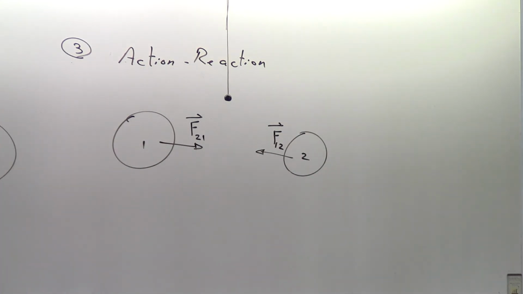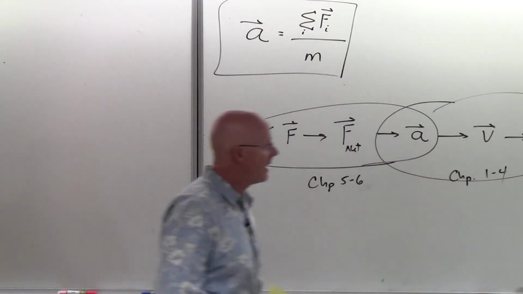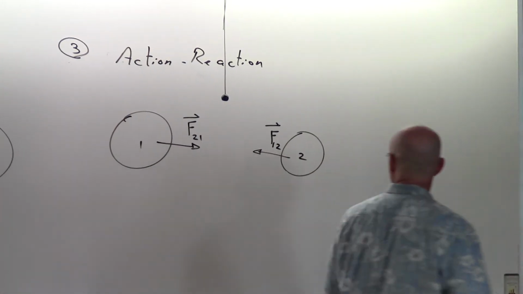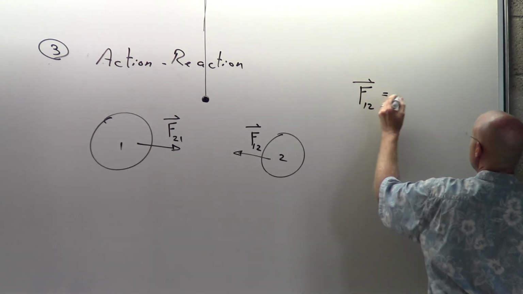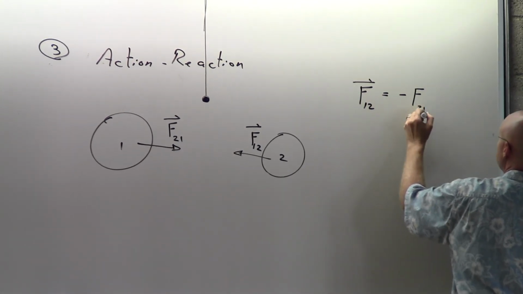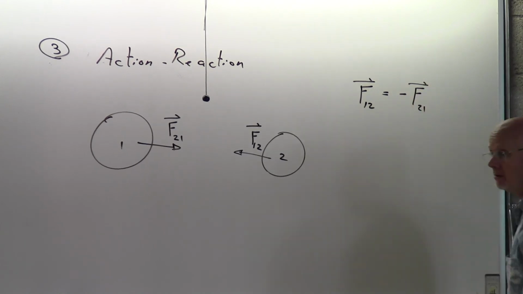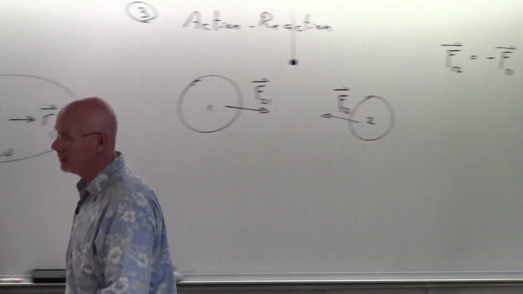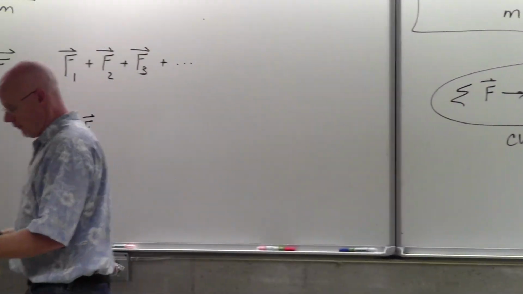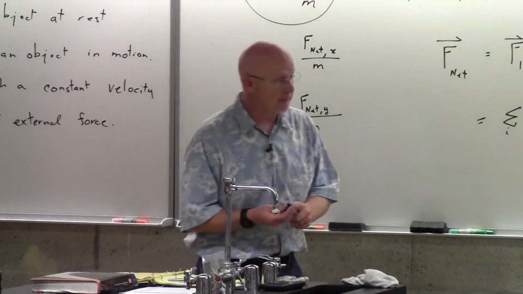What is the force from and what is it on? And the math here simply says force 1,2 is equal but opposite of force 2,1. And that's our labeling of our forces, equal and opposite.